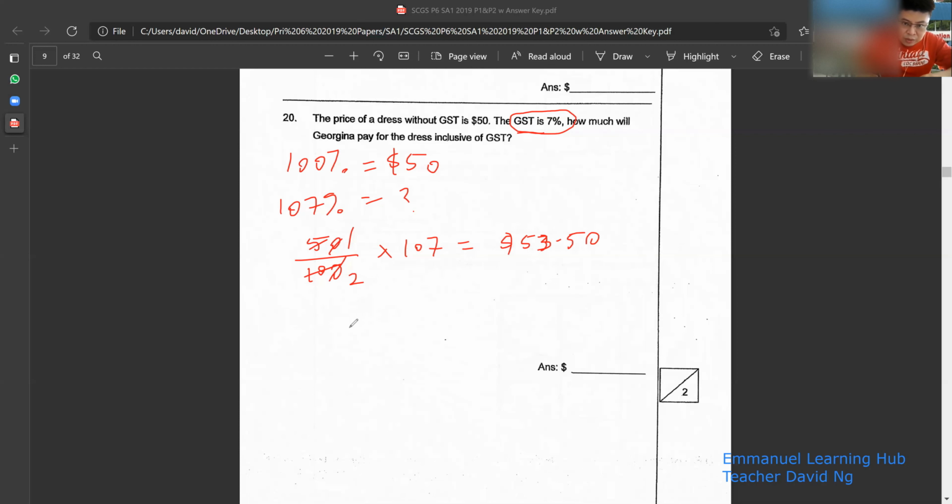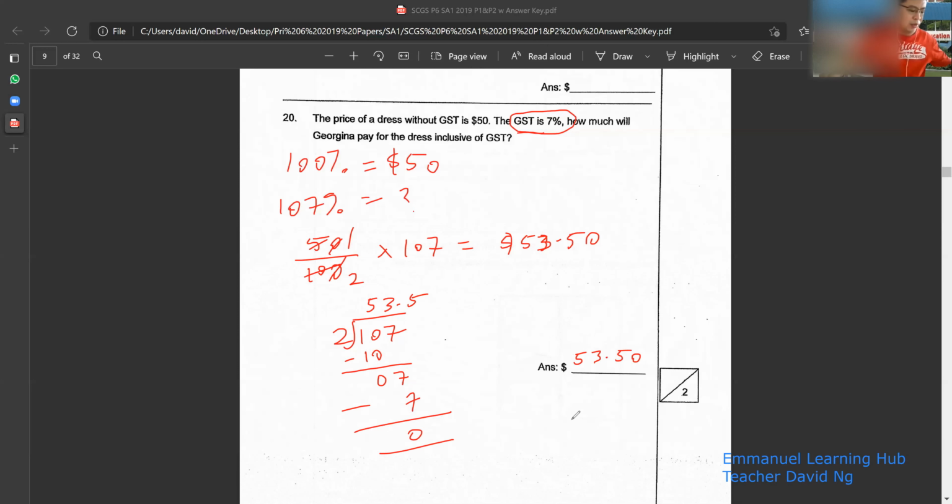Either that, because this paper 1, you can't use a calculator, right? So you divide by 2. 5 times 2 is 10. 7 divided by 2 is 3.5. So $53 and 50 cents. That's the answer. That's how you get $53 and 50 cents.